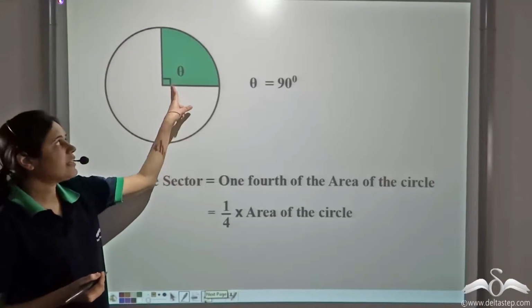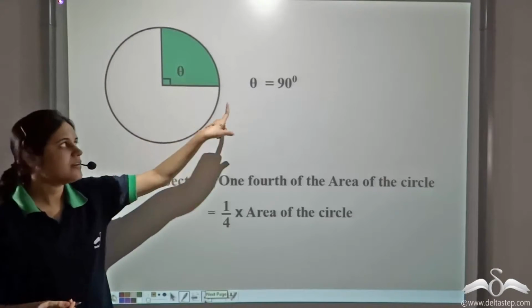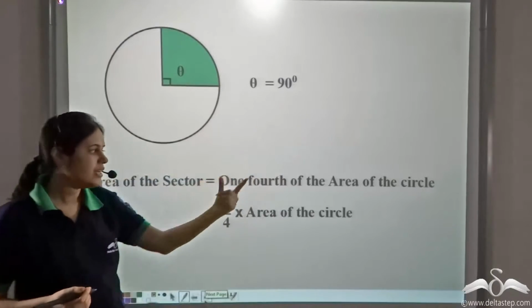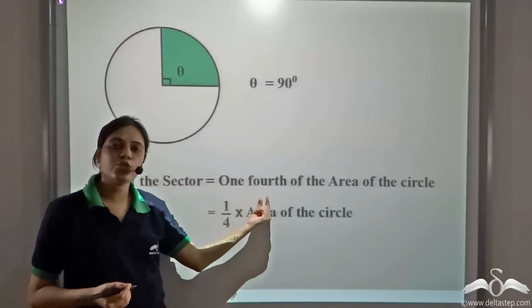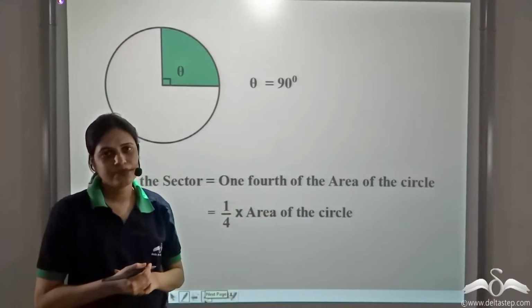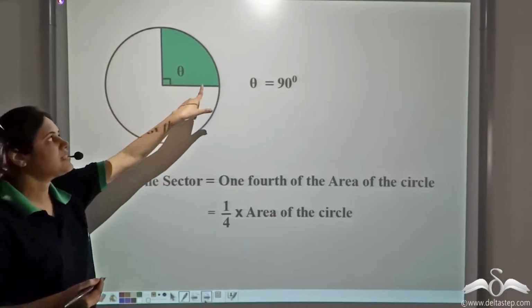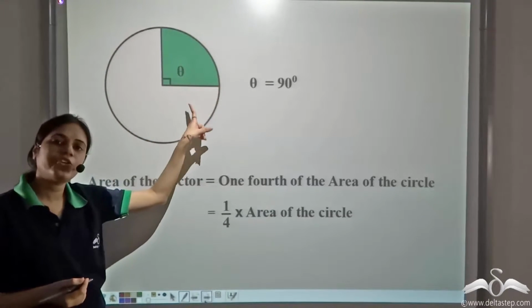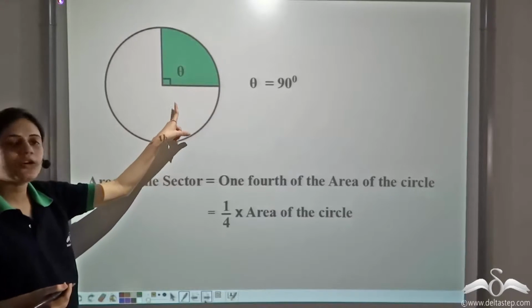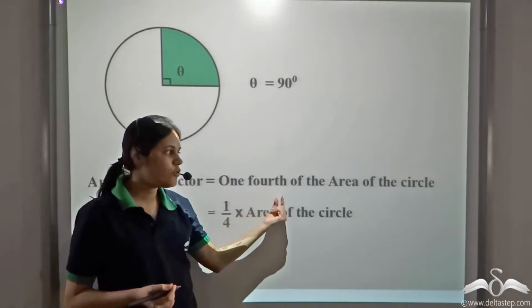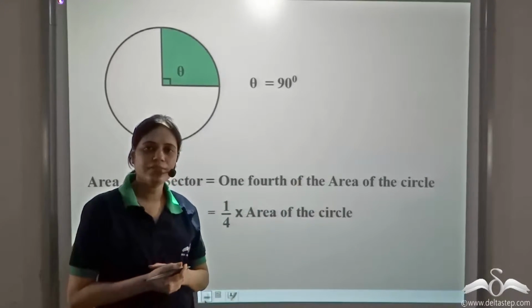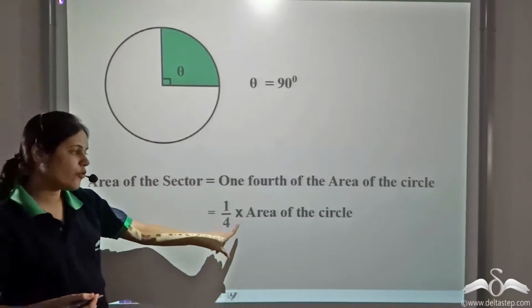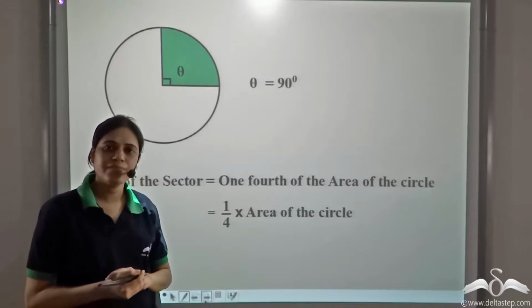Again, when the central angle theta is equal to 90 degree, we get 1/4 of the area of a circle. That is, if we consider this sector, it is a quadrant, and the area of the quadrant is 1/4 of the area of the circle, which is 1/4 into area of the circle.